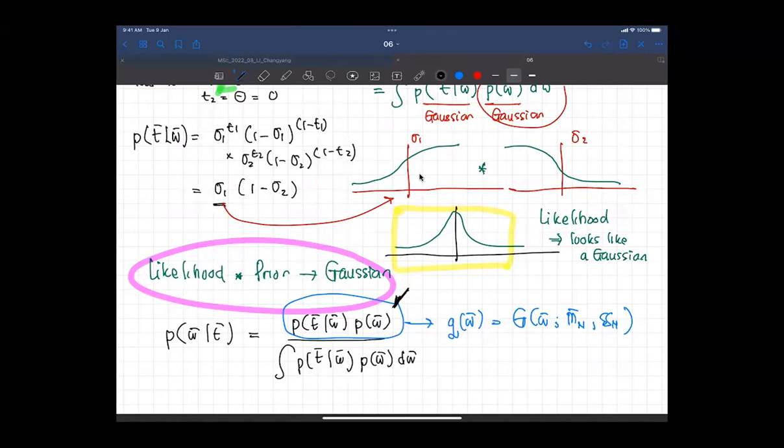You need to look at the function and whether it really looks like a Gaussian or not. If it really looks like a Gaussian, then you can be confident that it will be a good approximation. But if the function is so different from a Gaussian, then you should not use a Gaussian in the first place to approximate this function. All right? Does it make sense? Any question?